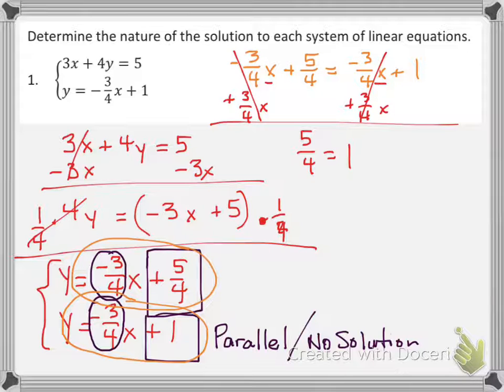Since 5/4 does not equal 1, I know that this system has no solution. No solution. So even when we solve this system by setting them equal using substitution, I can see that there is no solution. 5/4 does not equal 1. All right, let's keep going.